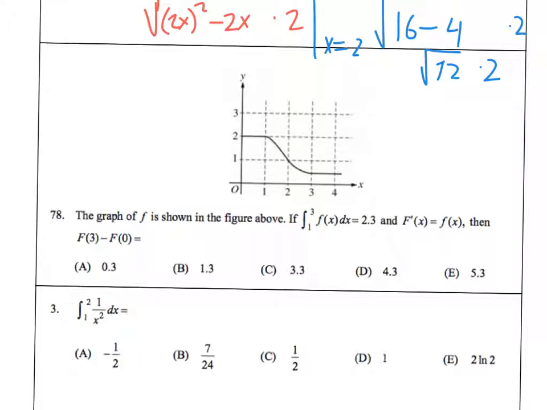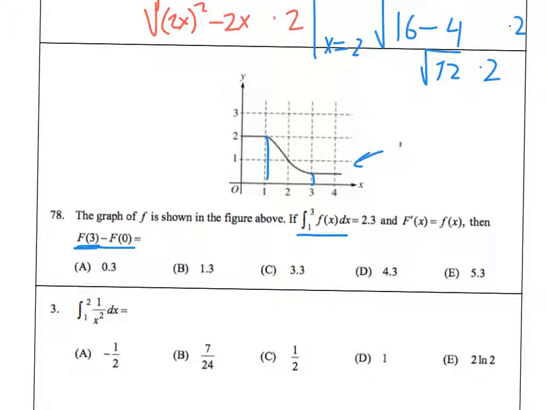For the problem labeled 78, we've got an explanation that the area under the curve from 1 to 3, so that's this part here, is going to be 2.3. And it asks us about f of 3 minus f of 0. This notation tells us that capital F is the antiderivative of f of x.